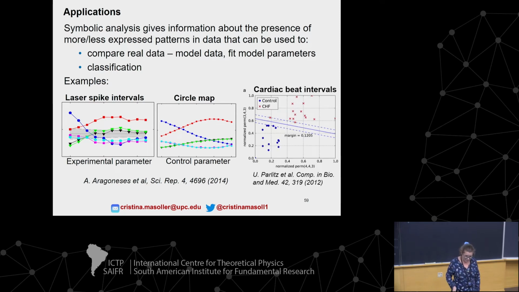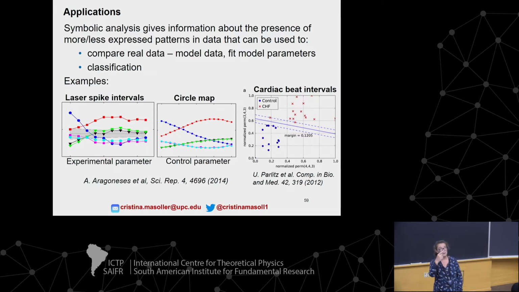The other example I wanted to talk about is not about socio-economic complexity, but I find it very interesting too. In an electrocardiogram, you can analyze the times between the beats. I didn't put the plot here, but you can analyze the time between these beats, and you can again compute probabilities. In this case the patterns have length 4.